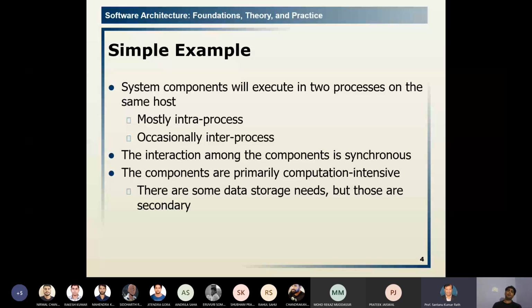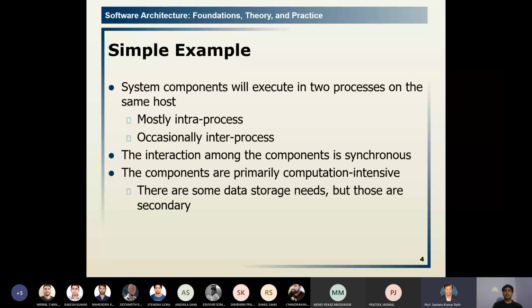Or if between the two processes in two components, then we will prefer inter-process. The interaction among the components is synchronous. Components are primarily computation intensive. There is some data storage needed, but those are secondary.